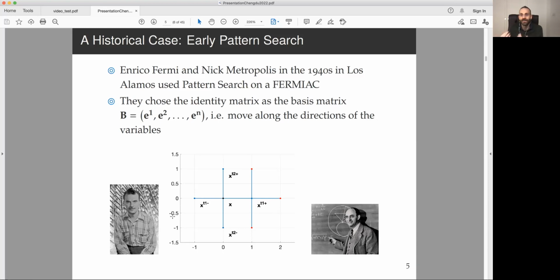They did not have a computer at the time. They had a mechanical computational device, which was called Fermiac. And all they were doing was simply to use the directions of the variables, which means in our two-dimensional example to move along the axes, or if you prefer, moving horizontally and vertically.